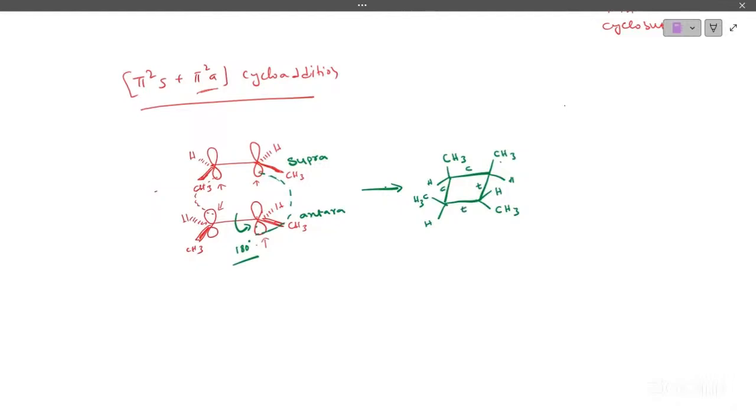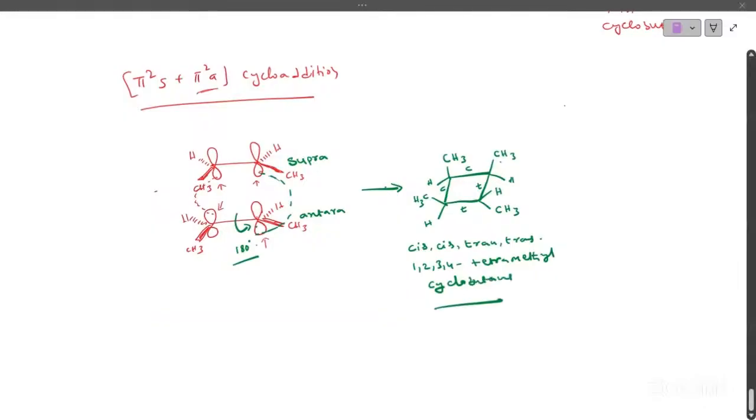Now the product is cis, trans, trans, 1,2,3,4-tetramethylcyclobutane. Tetramethylcyclobutane is the product.